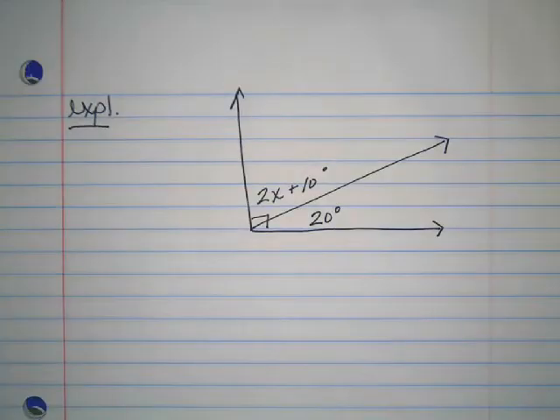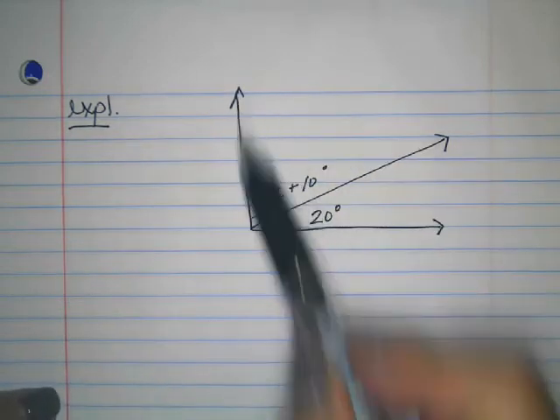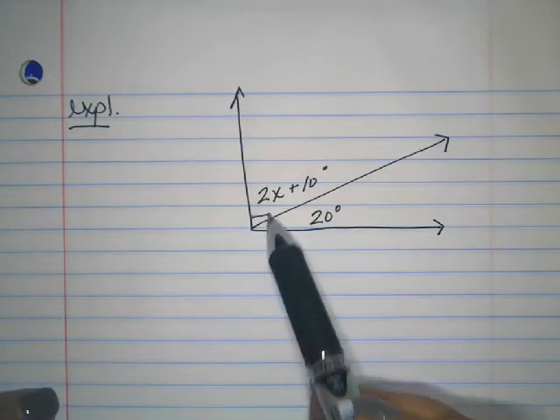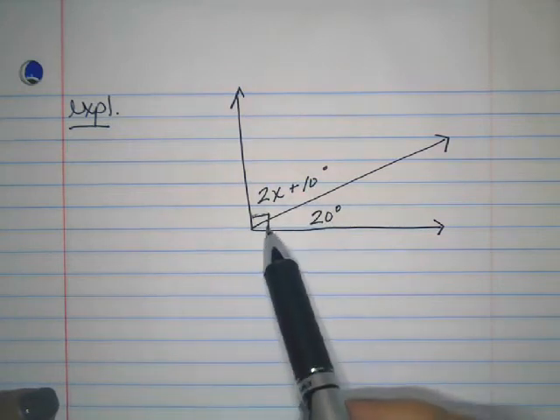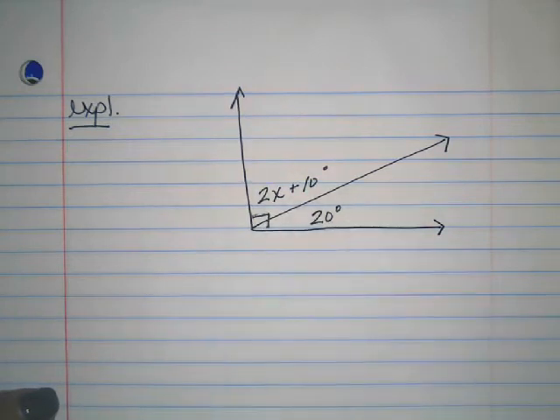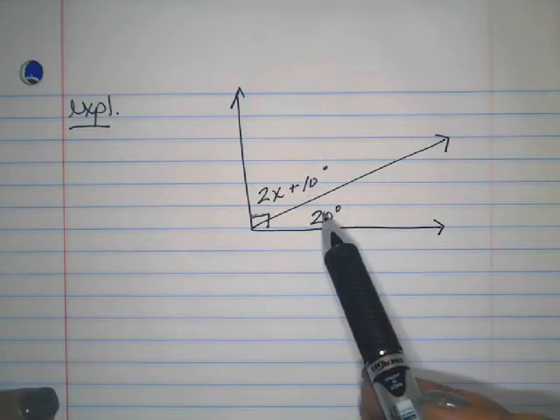Let's take a look at this example so we can see how this applies to what we're doing in geometry class. A lot of algebra is still going to peek in. Let's see that this right here I know is a 90-degree angle. I know that because they gave me this little box already, so I can assume that these two together equal 90 degrees.